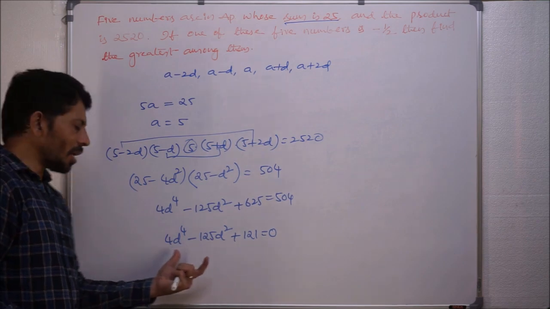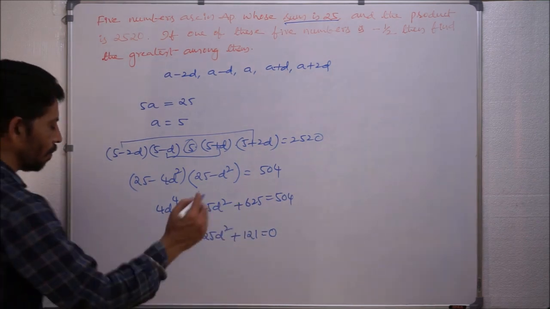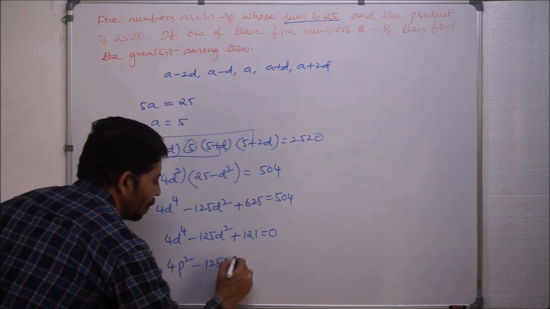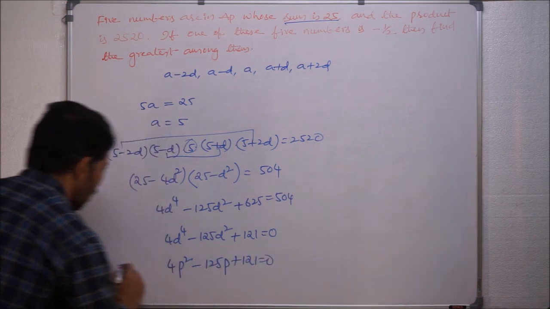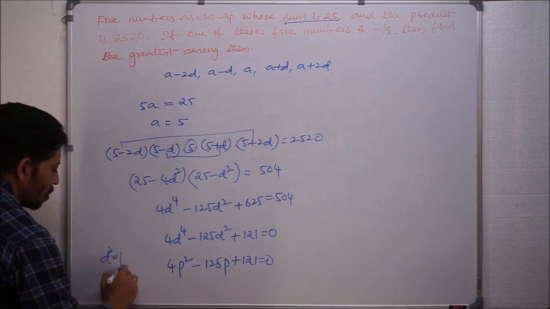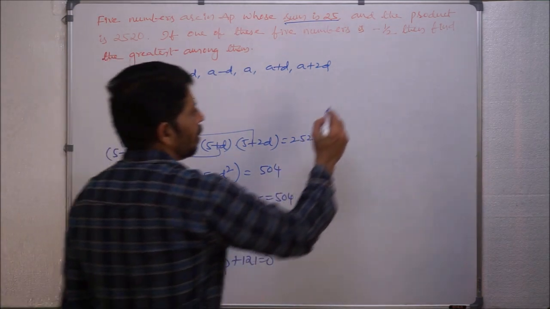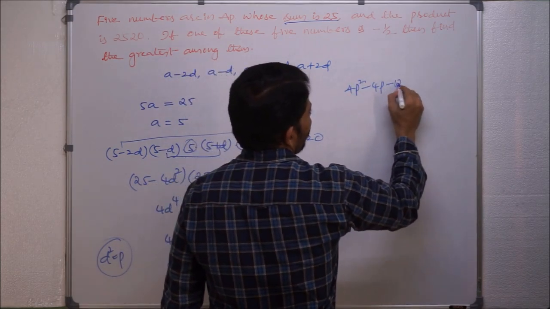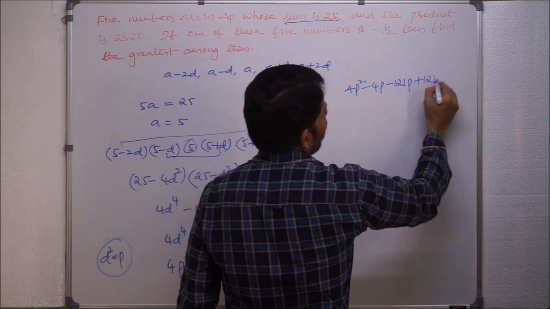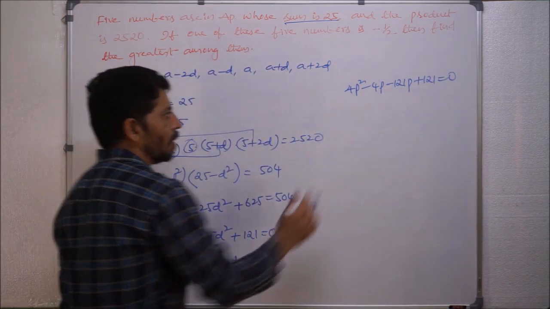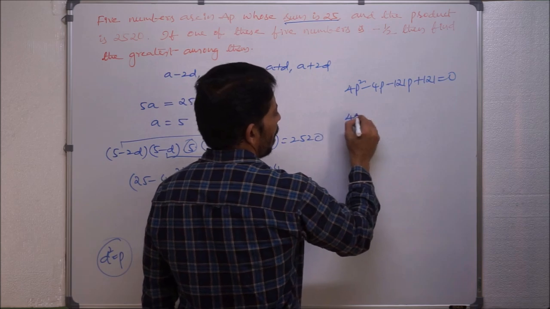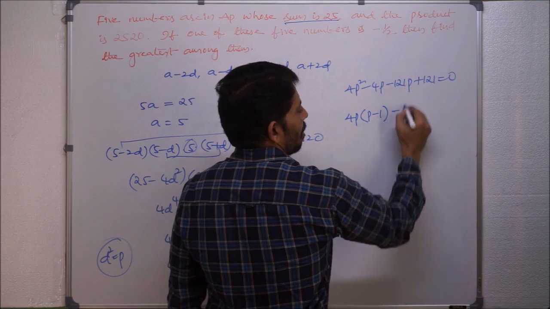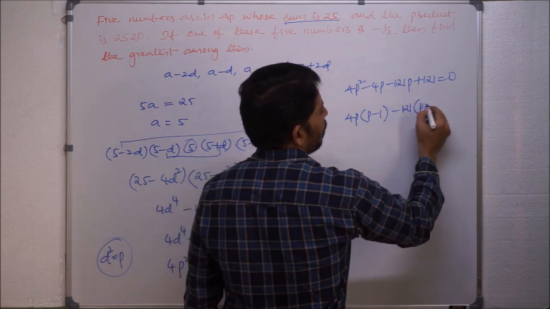Now, consider d square equals p, then what will we get? 4p square minus 125p plus 121 equals 0. So 4p square minus 4p minus 121p plus 121 equals 0. Splitting the middle term, taking 4p common, we are left with p minus 1, and minus 121 common, p minus 1.